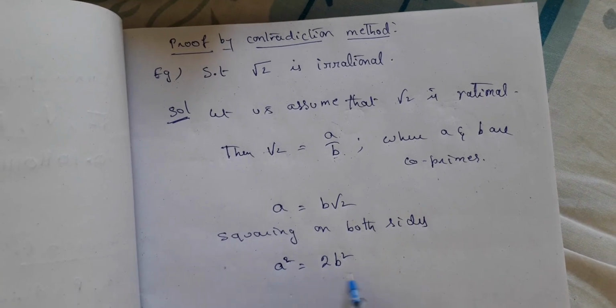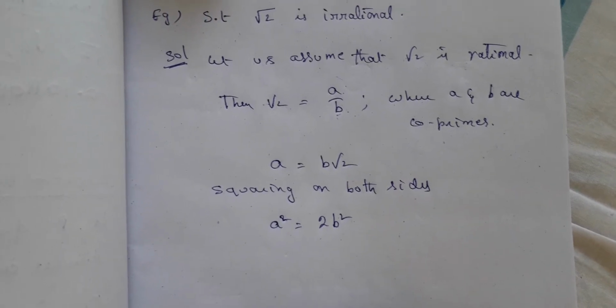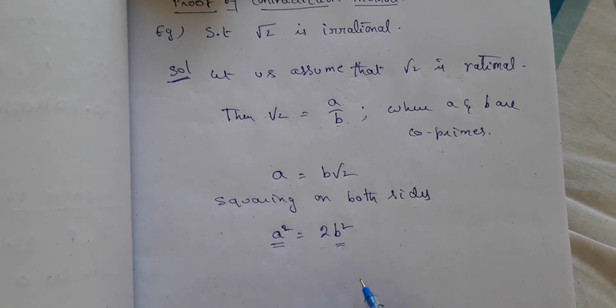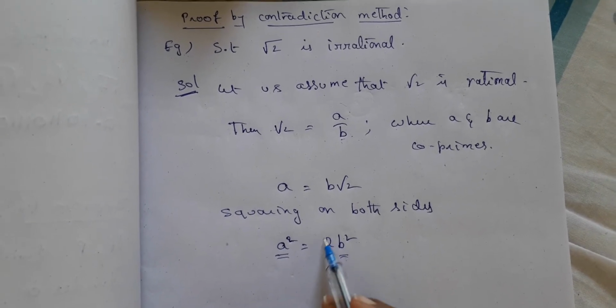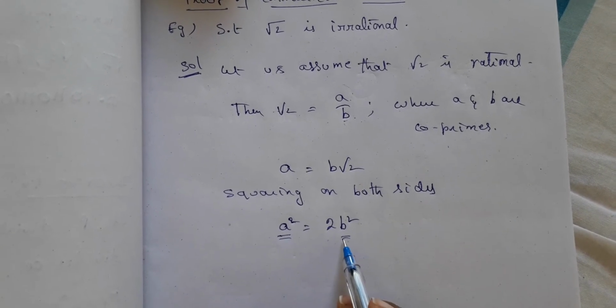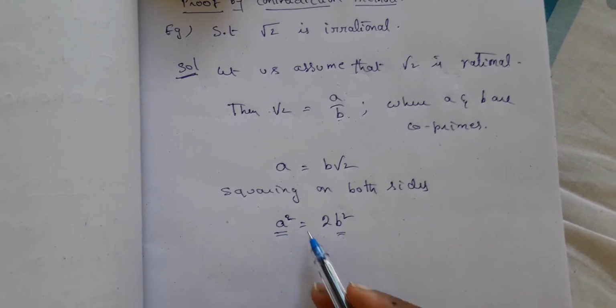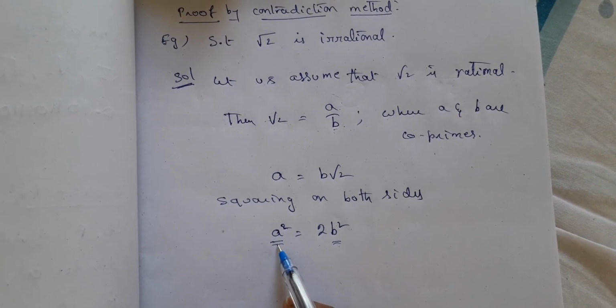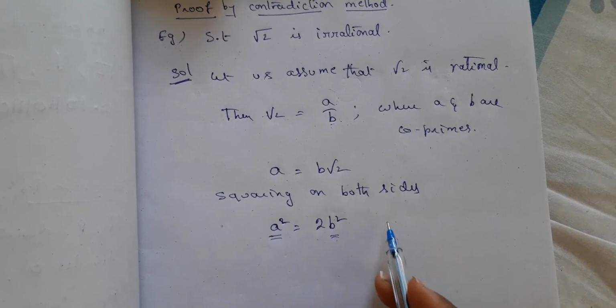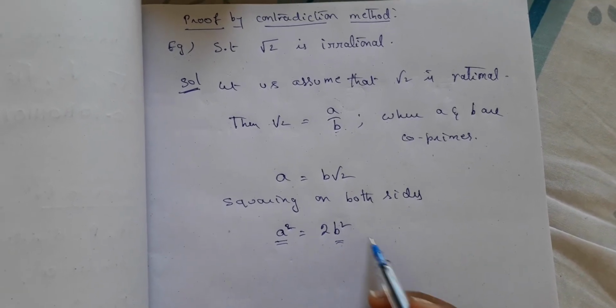Here a square is a number, b square is a number, and there is a 2. Now compare this with Euclid's division lemma: a number a is expressed as bq plus r, where r is 0 here.